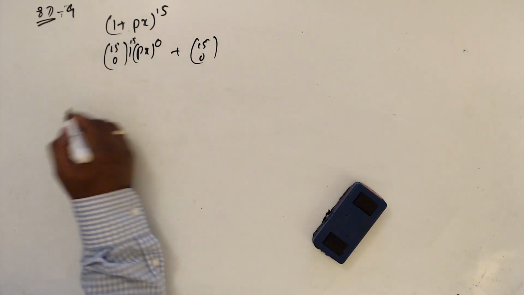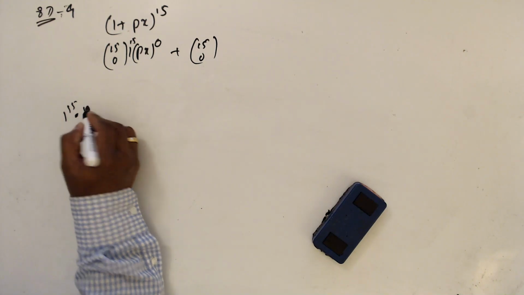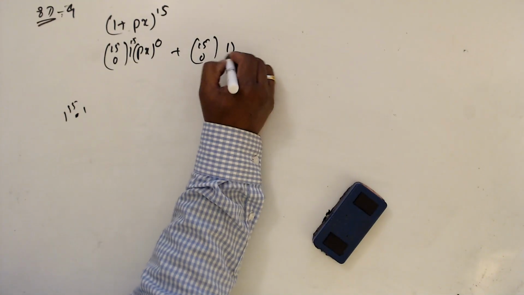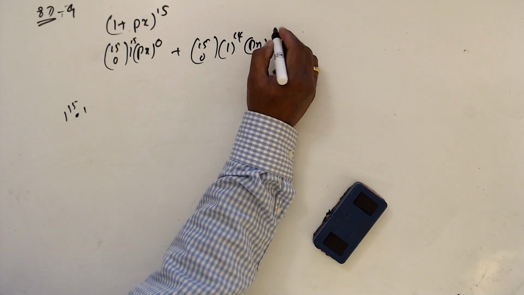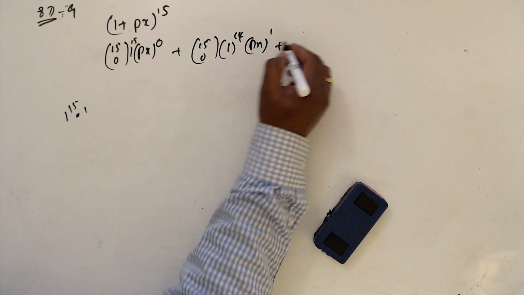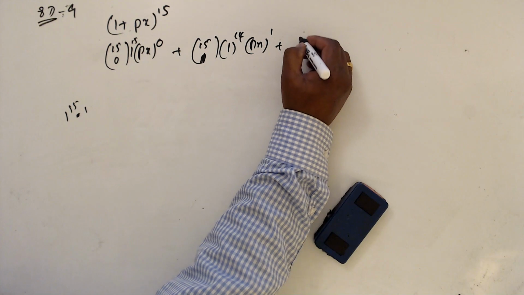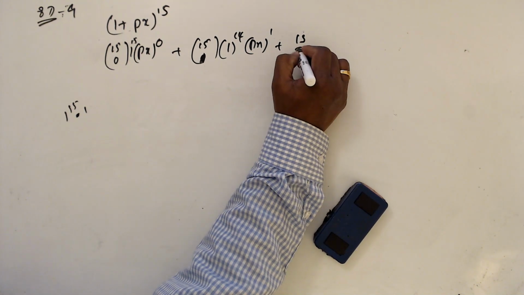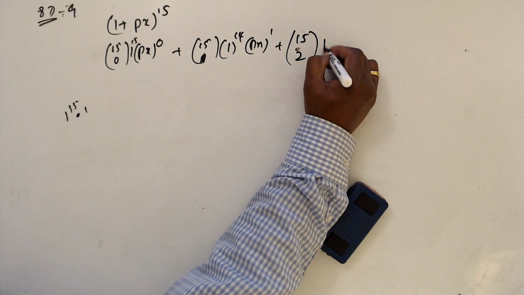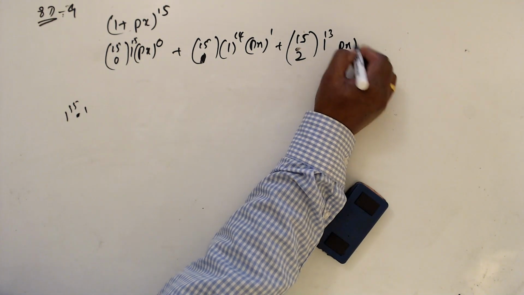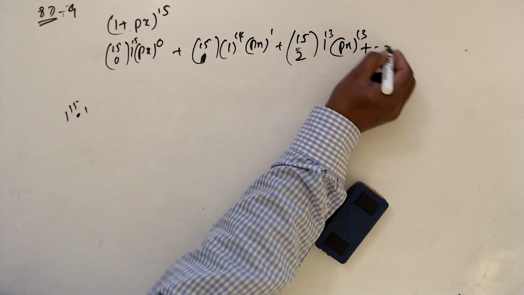I'm not writing 15 0 because it is 1. Okay, I'll write 15 1 px, and this is 1. Then 15 2 p square x square plus dot dot dot.